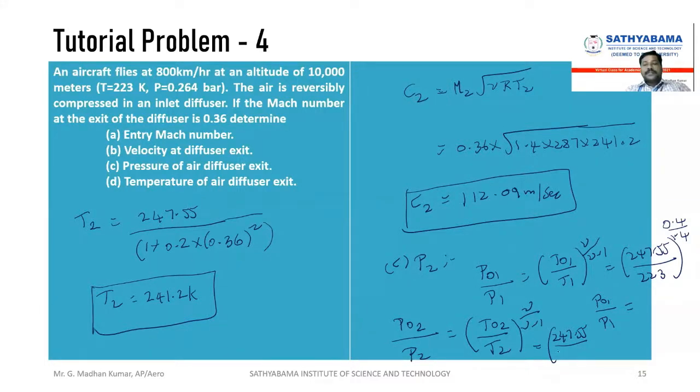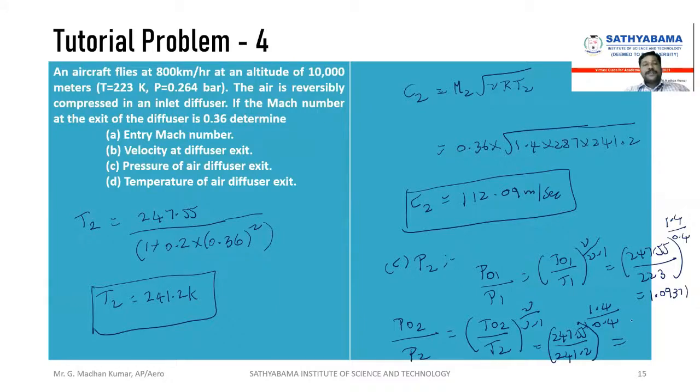What is your value of T2? 241.2, all to the power of 1.4 by 0.4. Now find the value of P01 by P1. P01 by P1 is 1.09371.